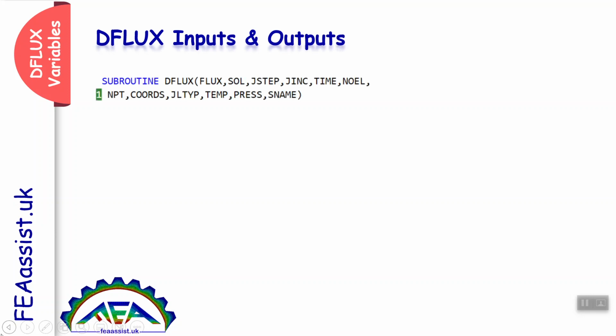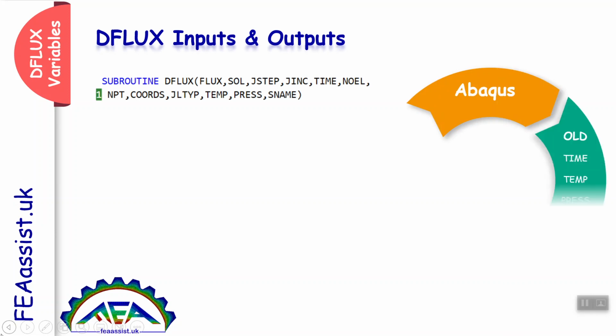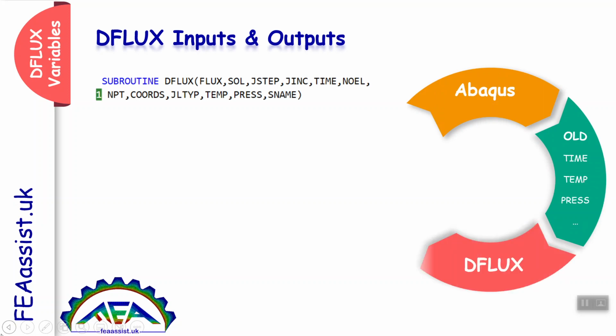DFLUX variables. DFLUX has some inputs. We need to process those inputs and export the processed values as an output into Abaqus. In other words, Abaqus computes time, temperature, pressure, and other variables. We need to get these variables, write our fluxes, FLUX 1 and FLUX 2, and return them to Abaqus.